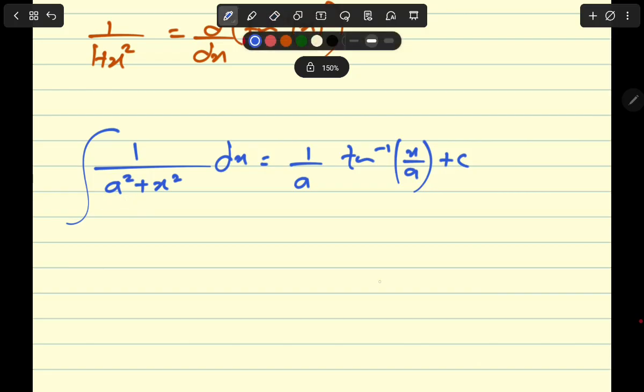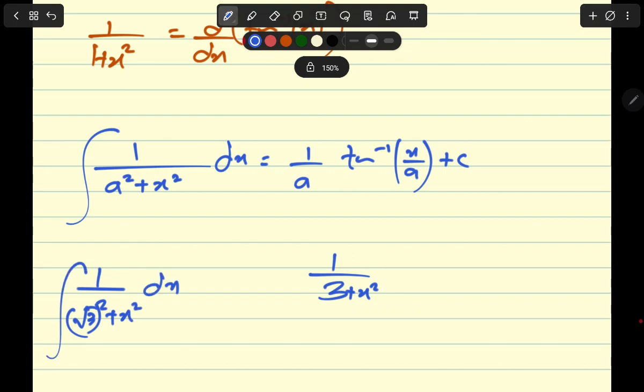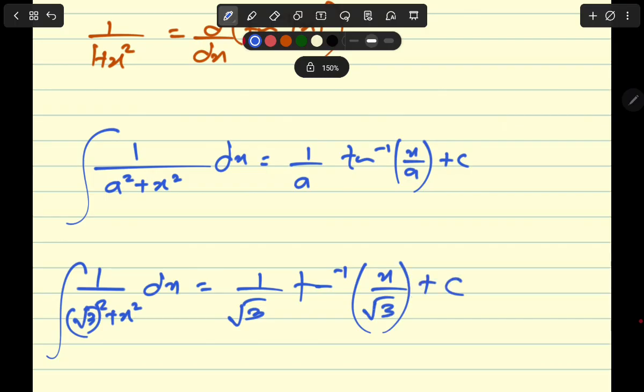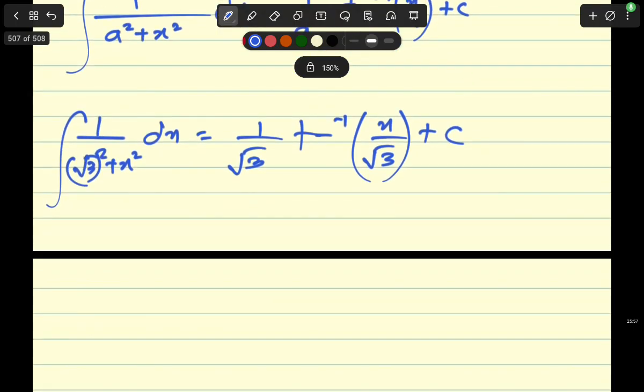So for example, even if you have 1 upon 3 plus x squared, you can convert it into 1 upon (under root 3) whole squared plus x squared dx. So this is going to convert into 1 upon under root of 3 tan inverse of x upon under root of 3 plus c, right? As simple as that. Now let us derive that instead of simply memorizing it, right?